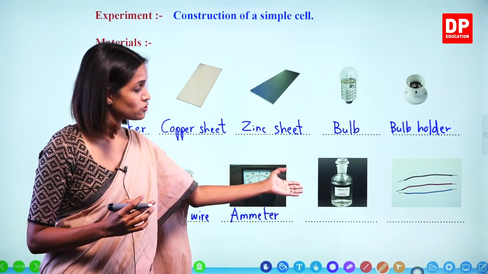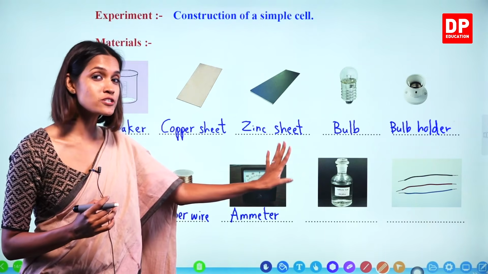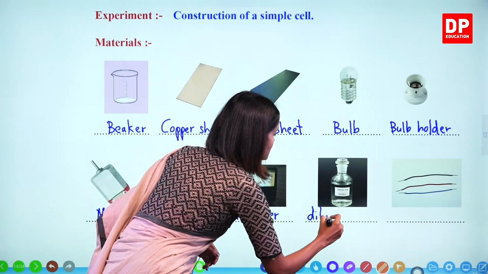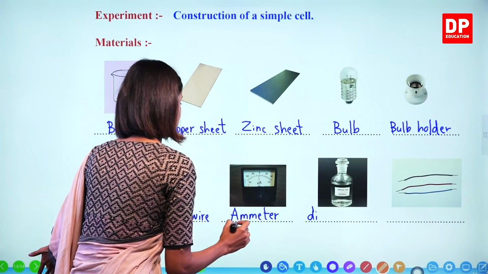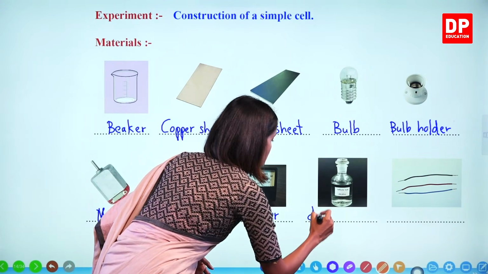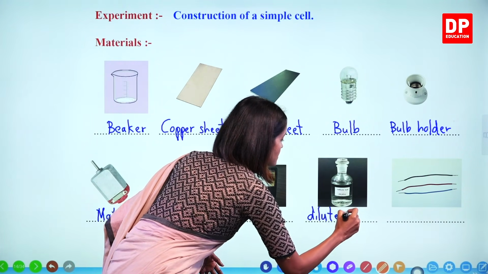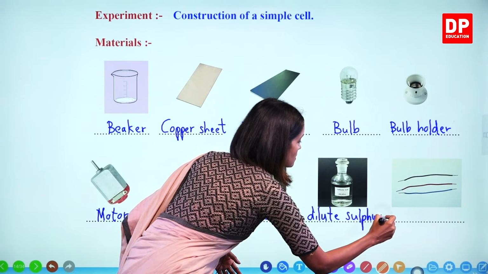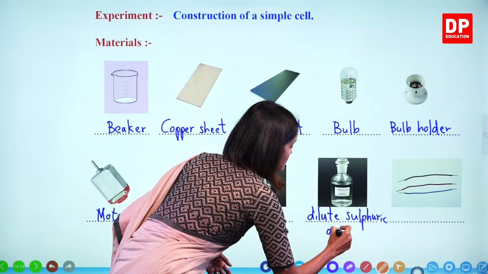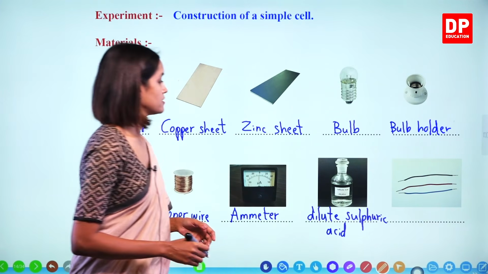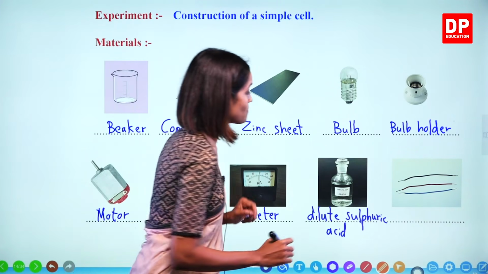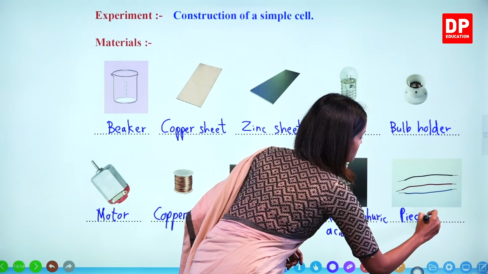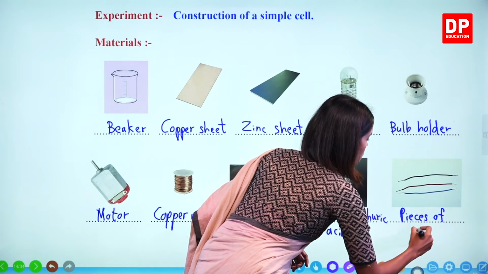Here we are going to use a different acid, that is dilute sulfuric acid. Okay, and we need some pieces of wire.